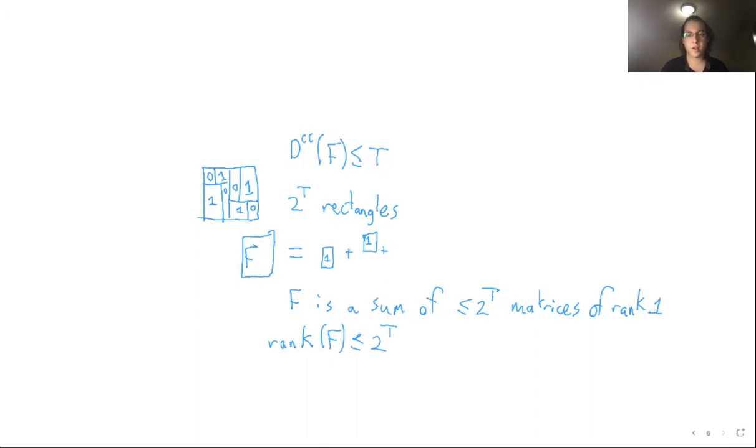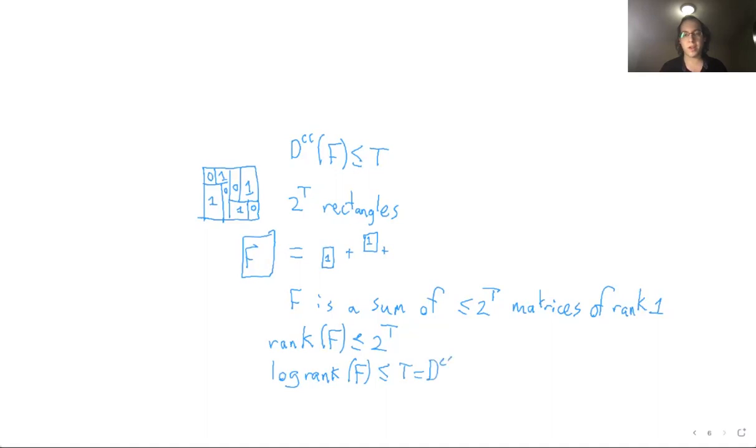Here F we use to denote the matrix associated with F. So in particular, log rank F is at most t, which we said was the deterministic communication complexity of F.